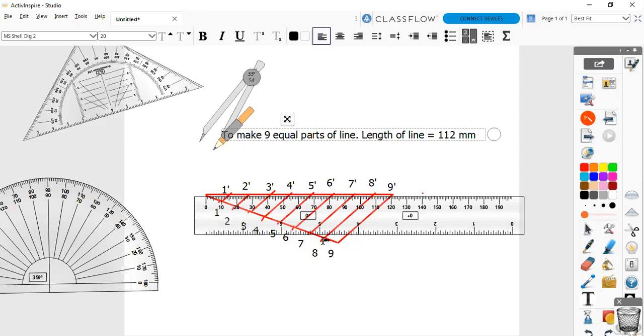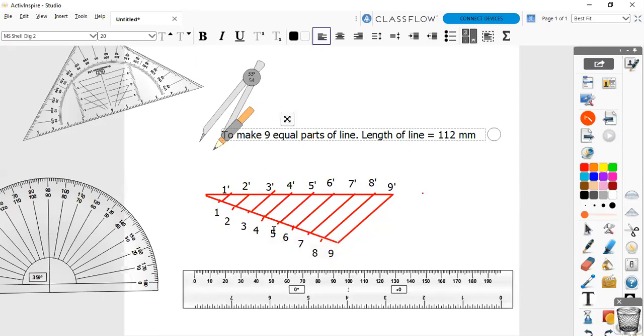Then I started drawing parallel lines to 9 9 dash, this 8 8 dash, 7 7 dash, 6 6 dash, 5 5 dash, 4 4 dash, 3 3 dash, 2 2 dash, and 1 1 dash. So ultimately I have divided this horizontal line, which we generally indicate as A90, into 9 equal parts. Is it clear now?